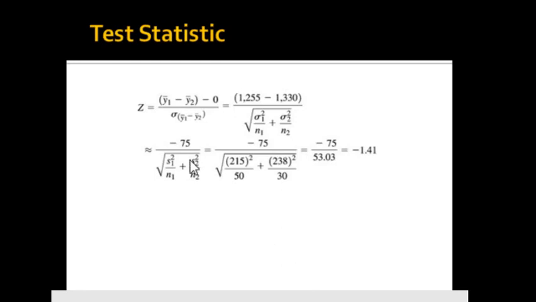So we plug in all the information: the first mean value for the new process, y2 bar for the old process, and then the standard deviations and the sample sizes for both. When you plug in the information, you should get a test statistic value of negative 1.41.